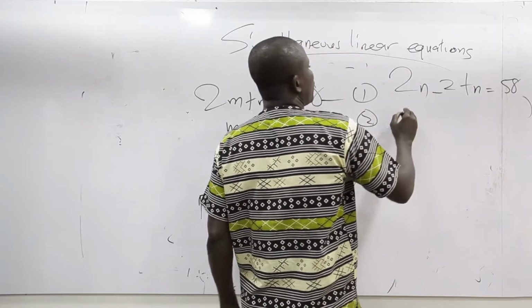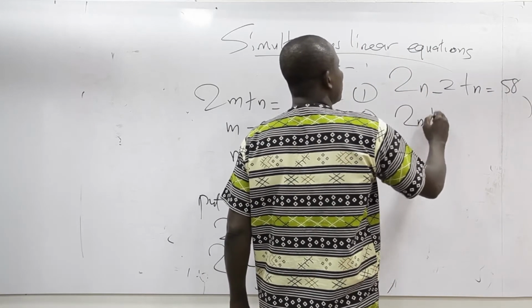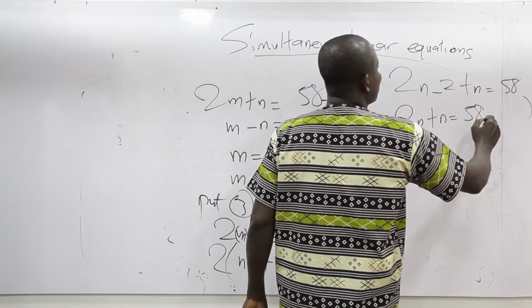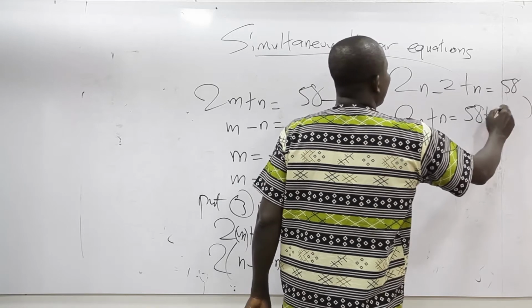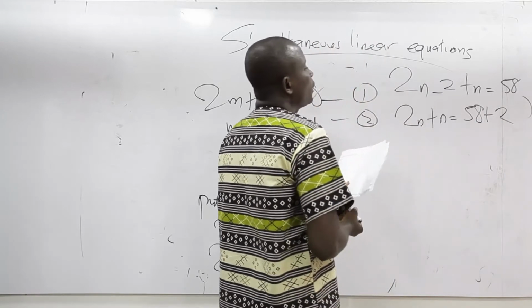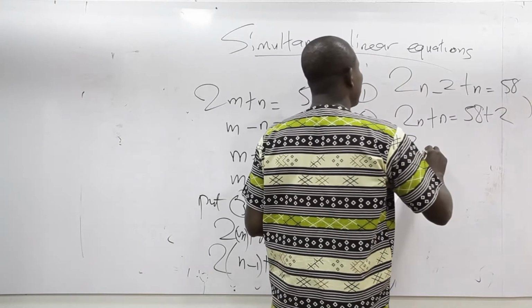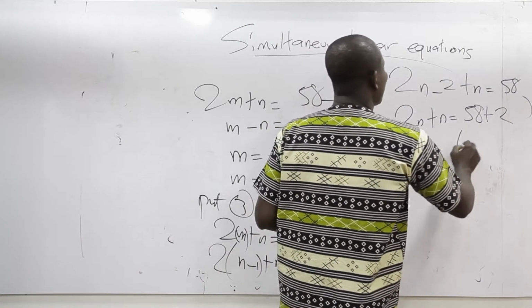So here, we are having 2n plus n is equal to 58 plus 2. Why is it plus 2? Because the 2 is negative, when it crosses, it becomes plus, okay? So we are having 3n is equal to 60.